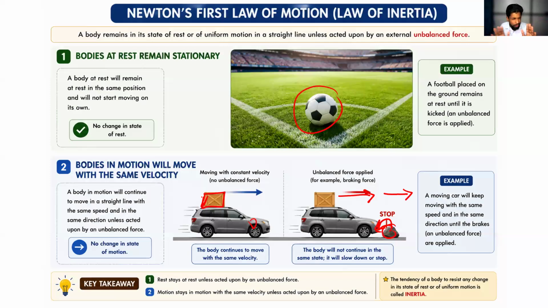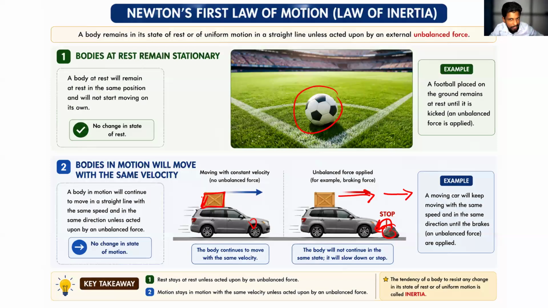You don't do anything for that ball. What will happen? The ball will move with the same velocity until you stop the ball, until you catch the ball.